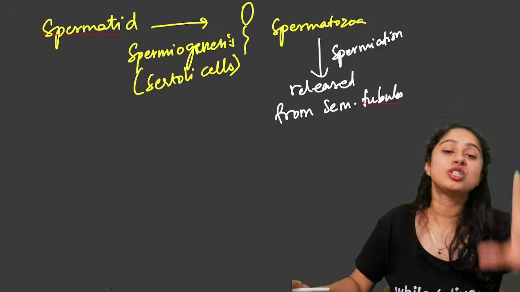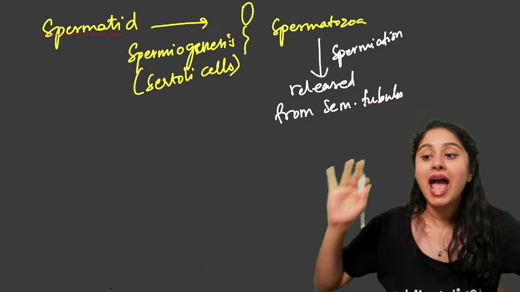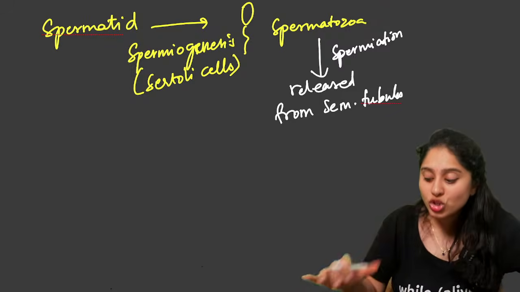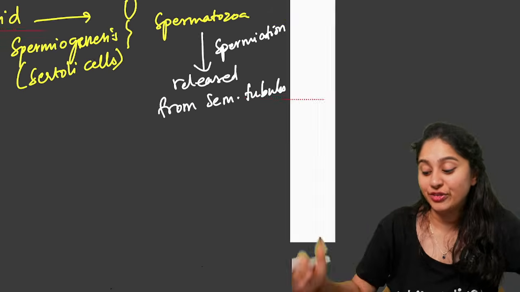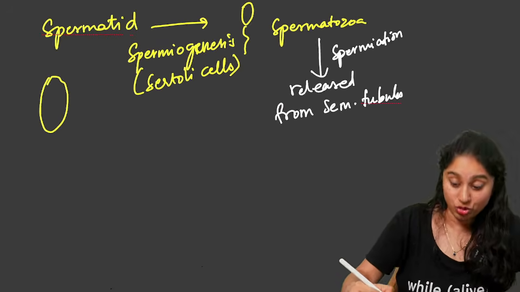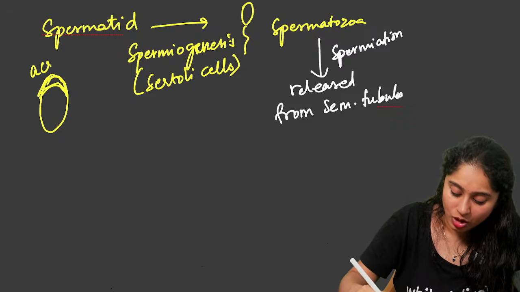Now this spermatogenesis starts only at puberty for the males, and it can go on lifelong. Remember that it only starts during puberty, because in oogenesis it's going to be slightly different. But before we go to oogenesis, let me tell you that the mature spermatozoa has a cap-like structure on top known as an acrosome.